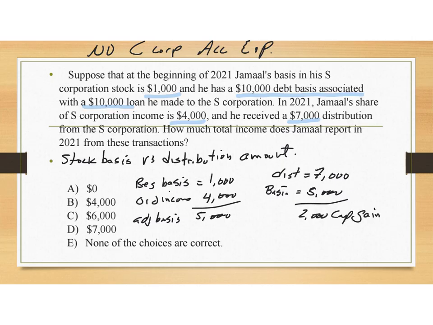So we have $2,000 of capital gain, and we had $4,000 of ordinary income. So what does that do for us from a total income perspective? From a total income perspective, we have $6,000. Okay?